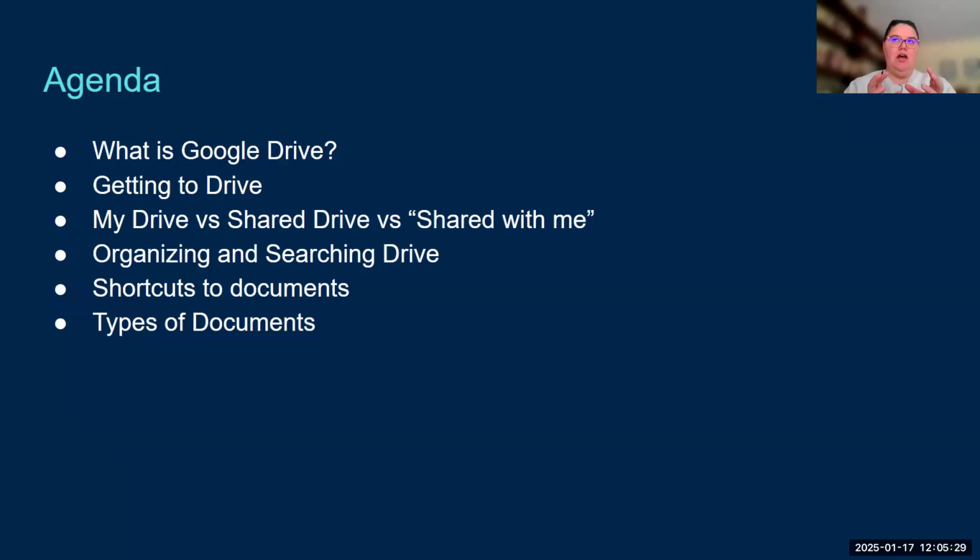There's a couple of different ways that documents can be shared with you and how you can access them. And then we're going to talk about some basic organization strategies as well as how to search within Drive. And then also some of the tools that are built into Drive to make it easier to find things right off the bat.